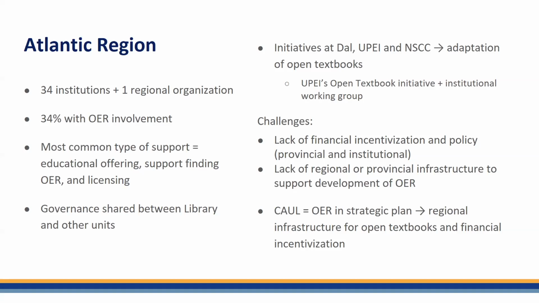And I mentioned the Council of Atlantic University Libraries before. So this particular group has included OER as part of their strategic plan. And the goal is to implement this regional infrastructure for open textbooks and some financial incentivization as well.